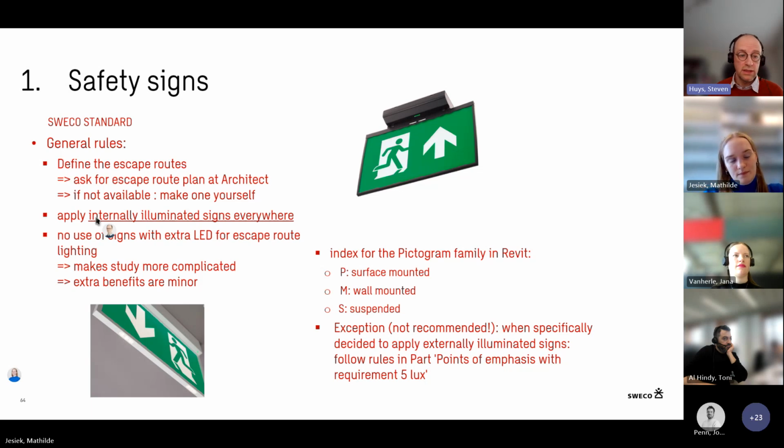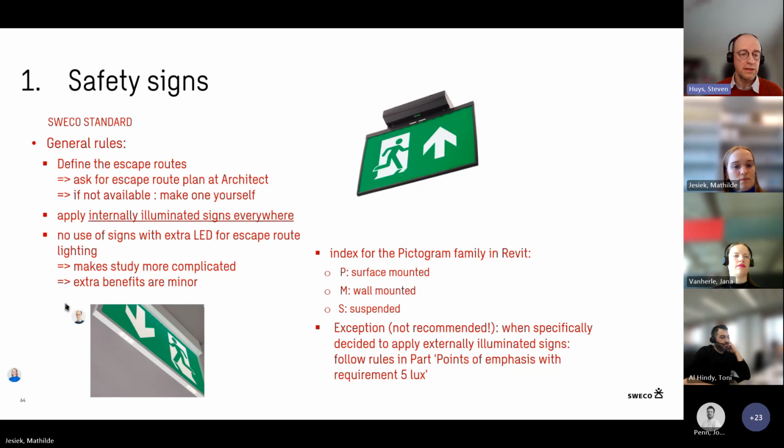It will have consequences on the price a bit, extra luminaires, but as she said already, it makes a clear distinction between safety signing and the escape route, one lux level on the floor, because otherwise you still have a mix of those two, and it's in that mix that faults happen, and we have problems in execution, and of course we don't want that.